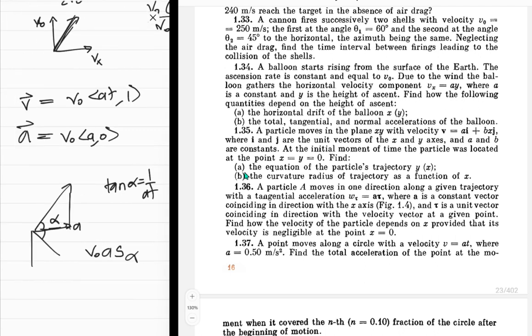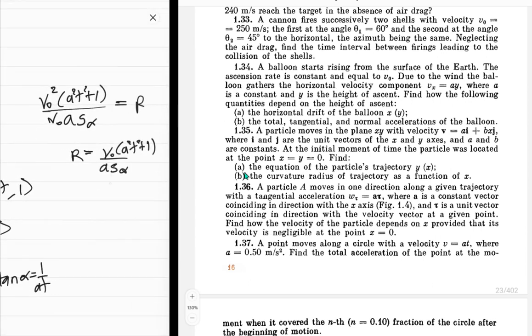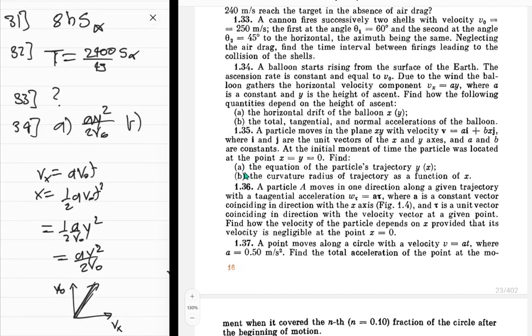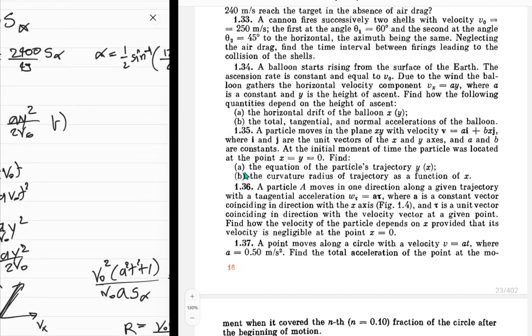It is 1 upon the square root of a squared t squared plus 1. So divided by that, r is equal to v naught times a squared t squared plus 1 to the power of 3 upon 2, upon a. There we go. That's our radius of curvature instantaneously.